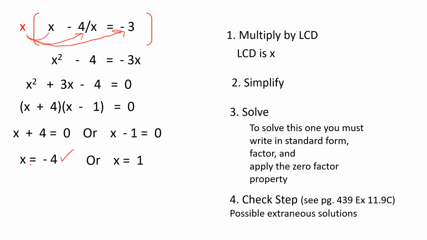And you got to plug this one in, and it checked also. So that means that both of these here are the answer, right? So x can equal -4 or 1. All right? But we have to check both. We have to make sure that we're not getting an extraneous solution. All right? So in that case, it worked out.